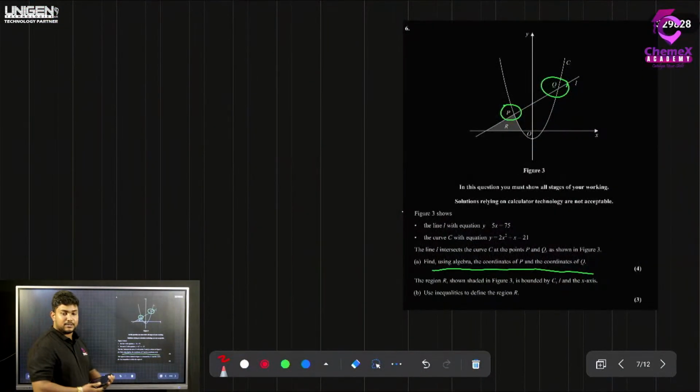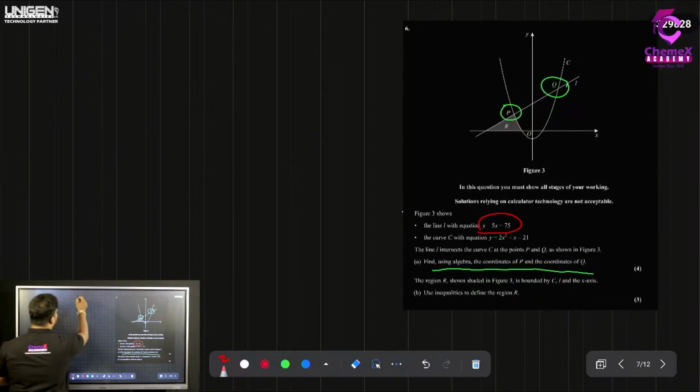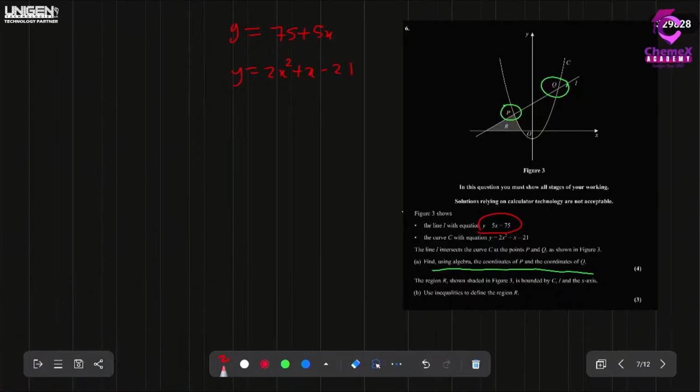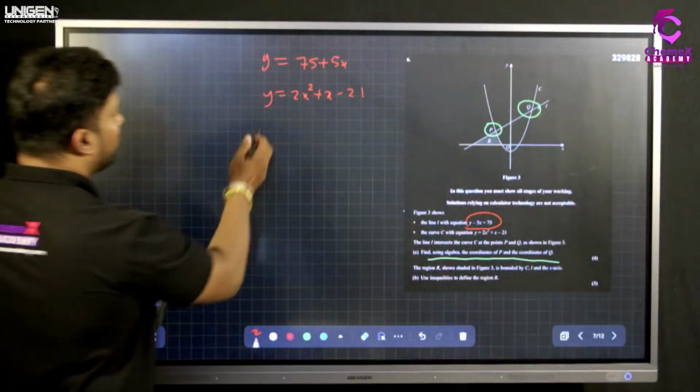If they're intersection points, you're going to equate the two equations. So this equation is y equals 75 plus 5x, and the other equation is y equals 2x squared plus x minus 21. So we can just equate the two equations and solve this out.